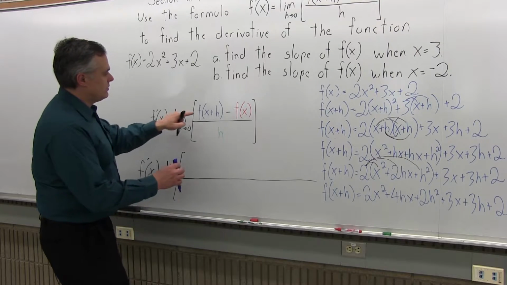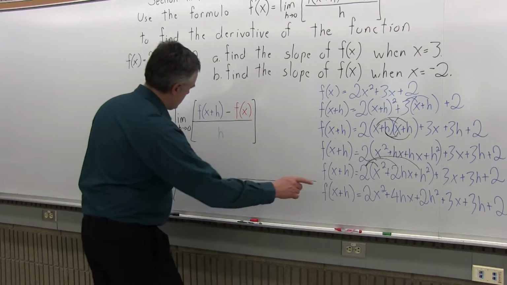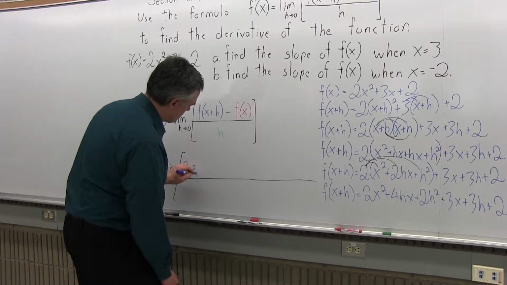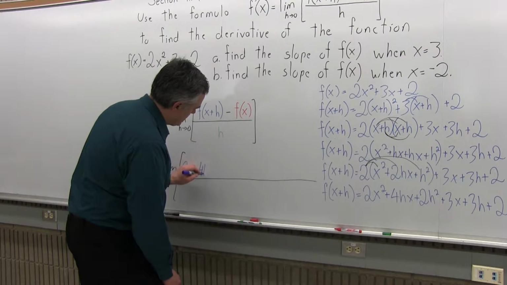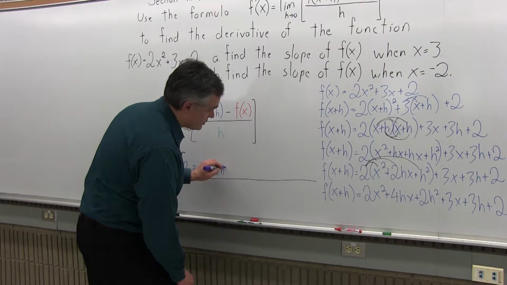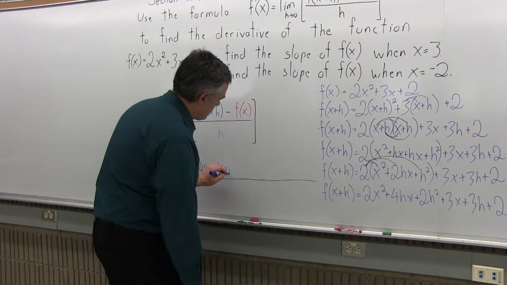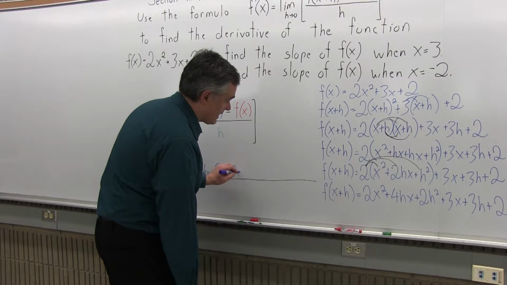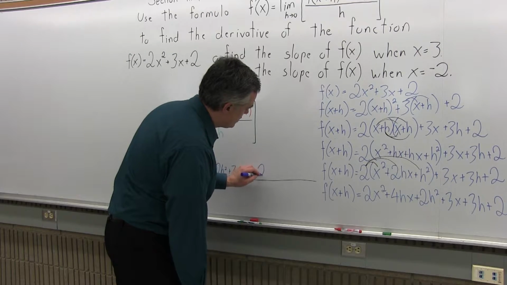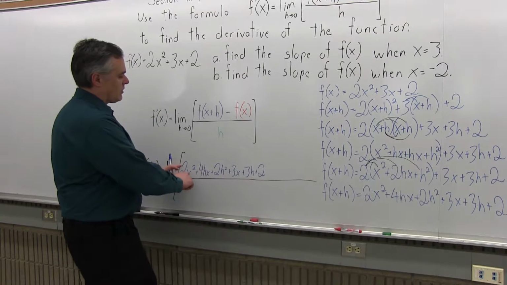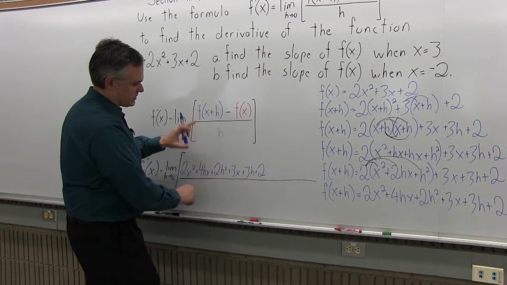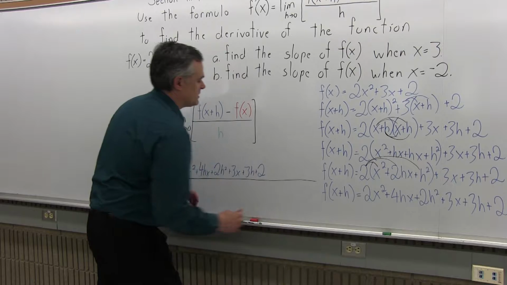So now in blue here, we will have 2x squared plus 4hx plus 2h squared plus 3x plus 3h plus 2. So all of that blue is equal to f of x plus h. That's the work that we did. Now the rest will be much easier.